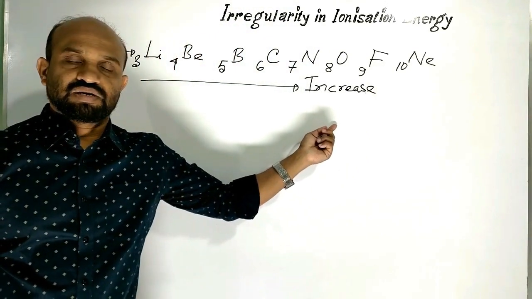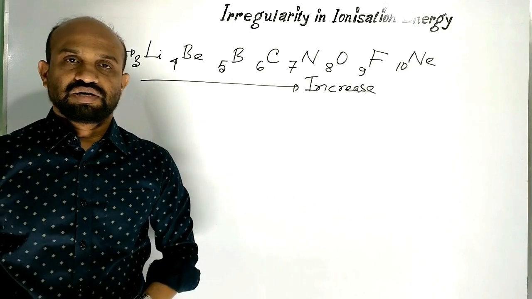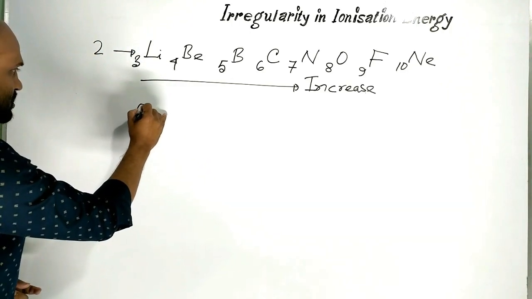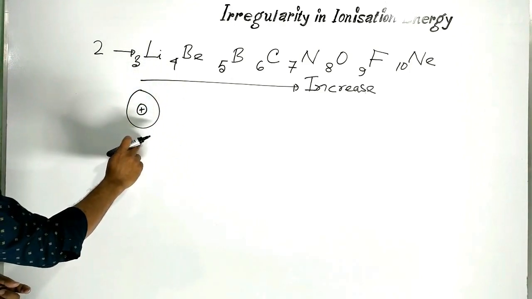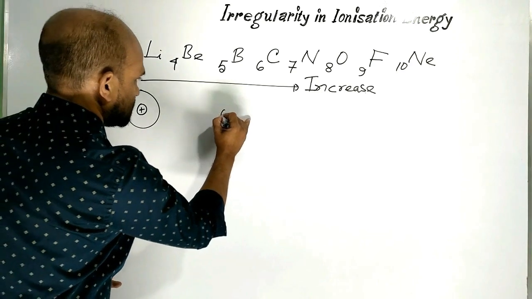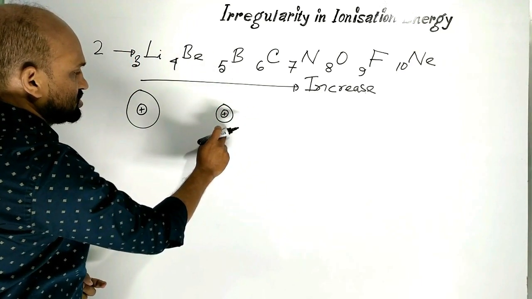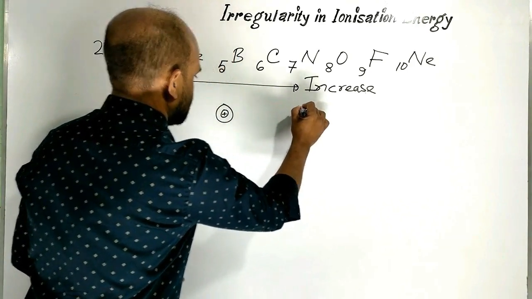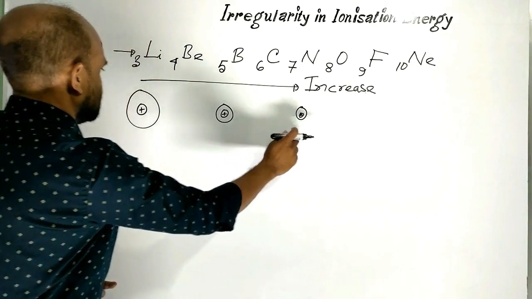This has been discussed in the previous lesson in detail. Nevertheless, let's try to recall the matter. Suppose this is lithium, which is a bit bigger in size, then atomic size decreases. Atomic size decreases from left to right.